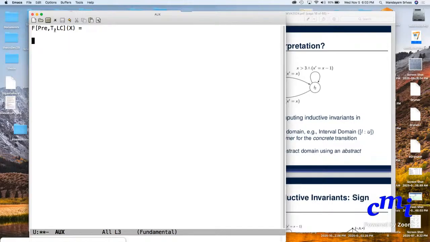I've already given you the transition relation for the body. It will be something like image of pre under T body.